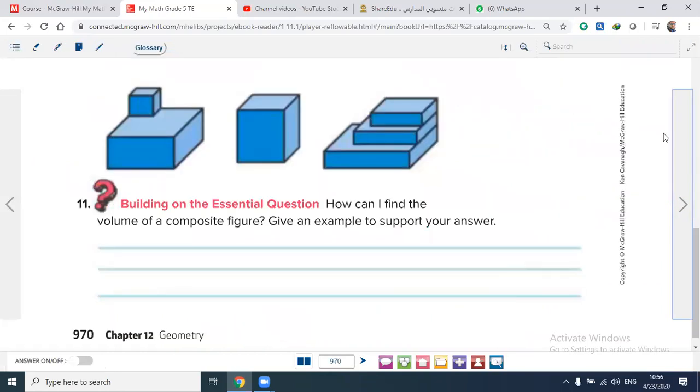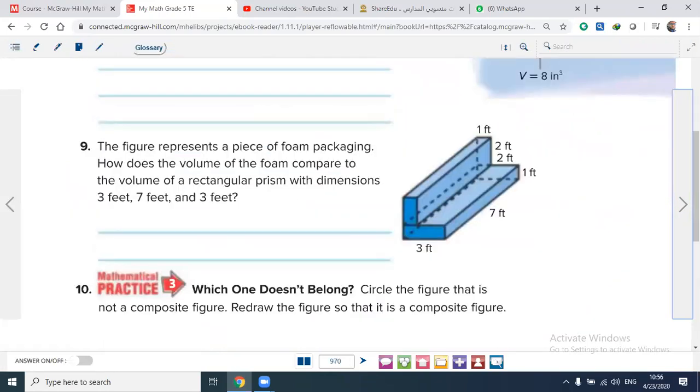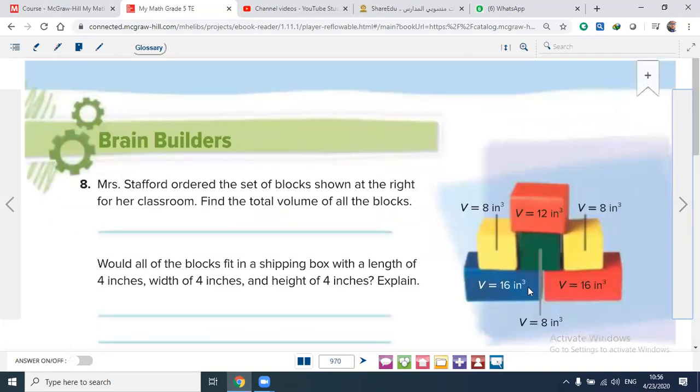Okay, where are the problems? Let's start with number 8. Just let me unmute all. Maybe someone has a problem with sound. Can someone read this for me?